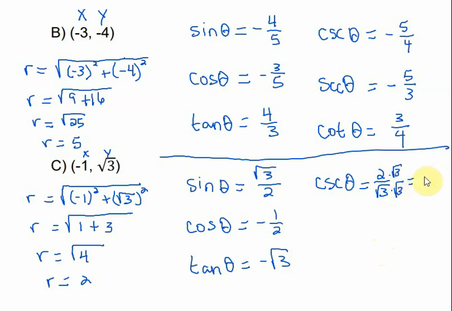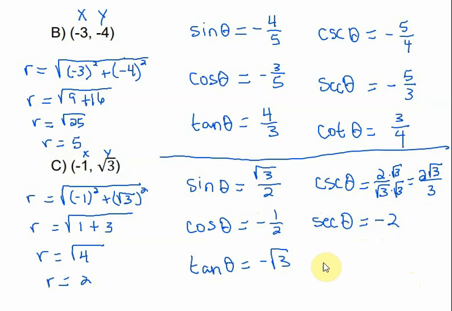So that would give us 2 square root 3 over square root of 3 times the square root of 3 would just be 3. All right, and then secant of theta, if I take the inverse of that, I would get negative 2.